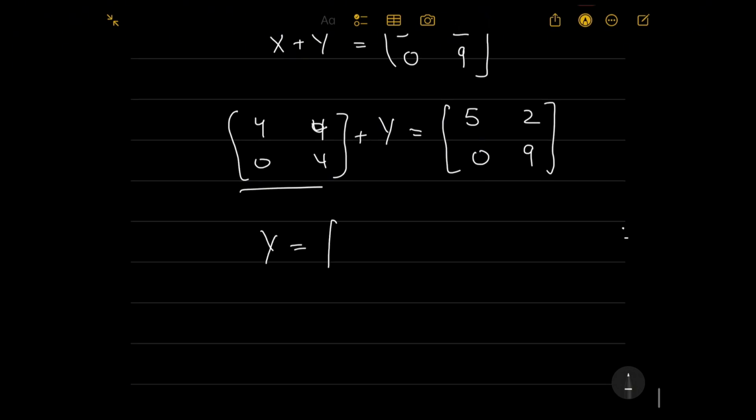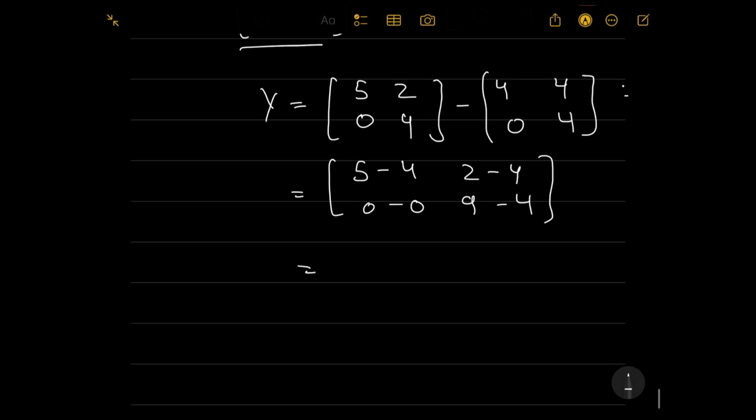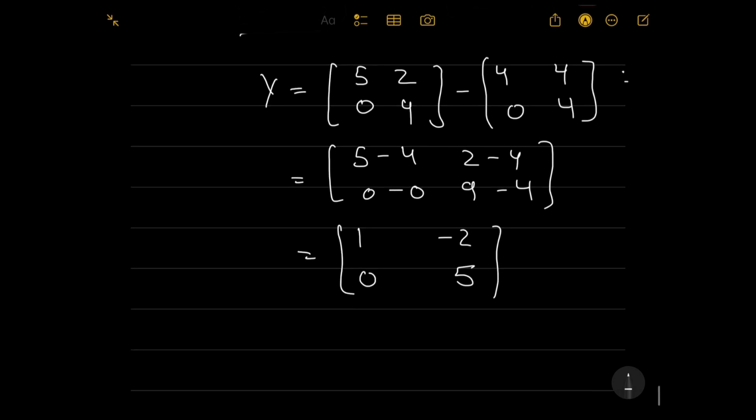Subtracting this matrix from both sides, y equals 5 2 0 9 minus 4 4 0 4. So simply we'd subtract 5 minus 4, 2 minus 4, 0 minus 0, and 9 minus 4. So here's 1, minus 2, 0, and 5.